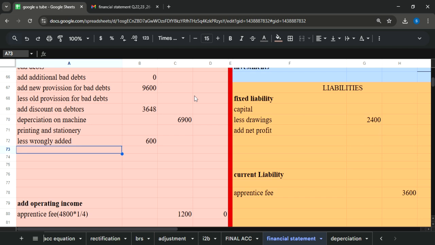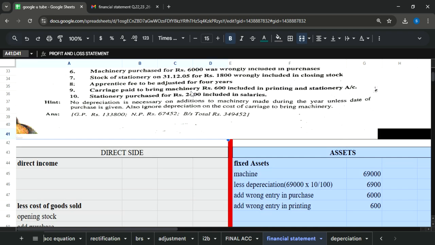So here we will add stationery purchased. Amount of stationery purchased is 2400.